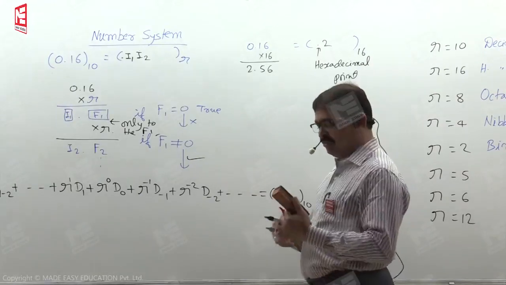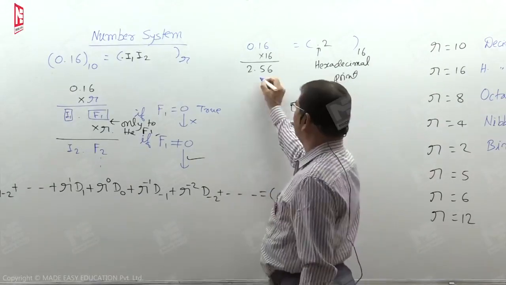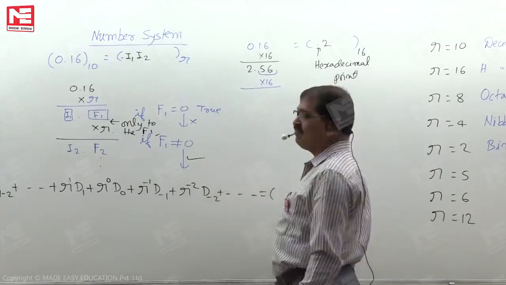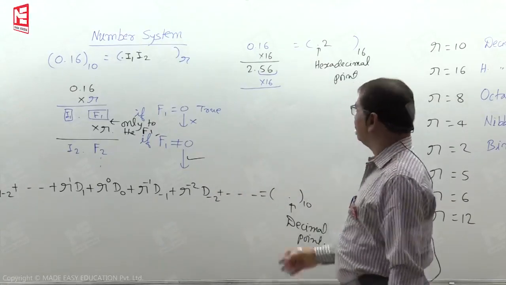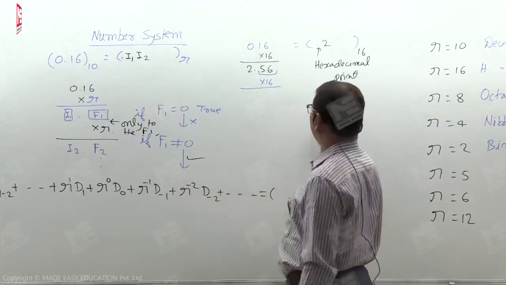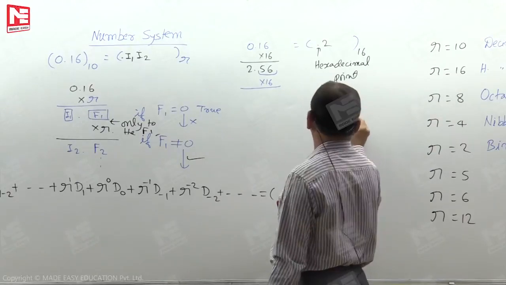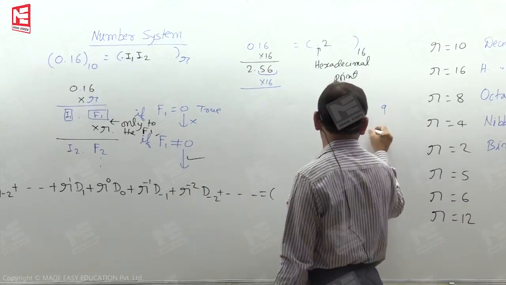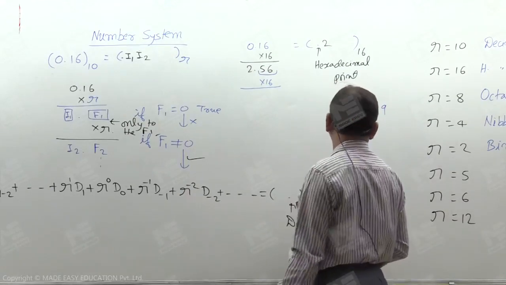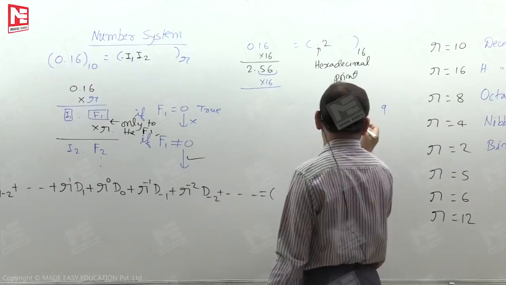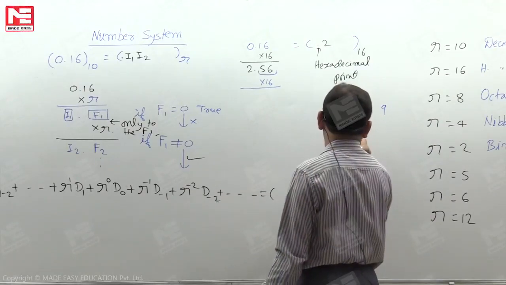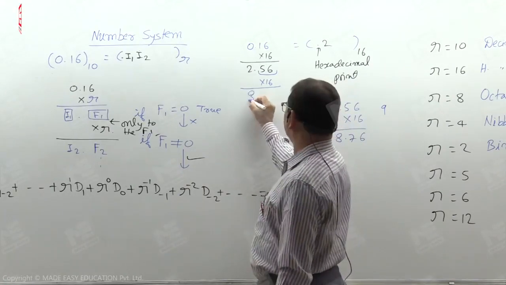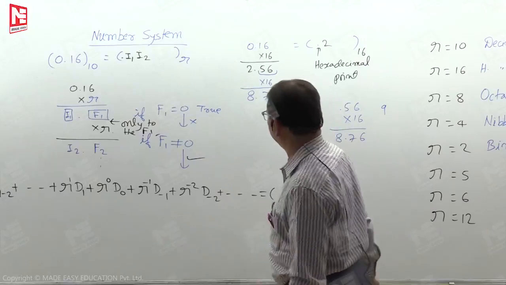Because of this, we have the possibility of further multiplication, as I said, only on this fractional part. When we do further multiplication on this fractional part, it will result as 8.76. I can check.